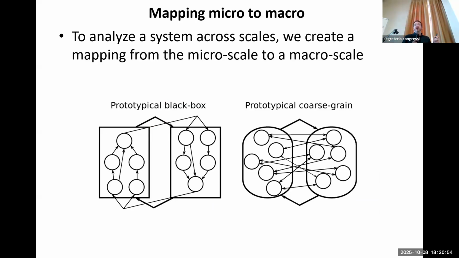And in the work of Eric Hoel and my black boxing paper, we identified two canonical types of units that we studied. One of them, I'll start with the coarse grain, is what you would typically see in physics, I think, when you think of temperature and kinetic energy.